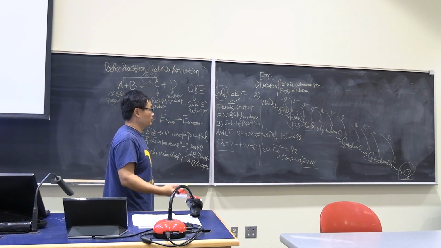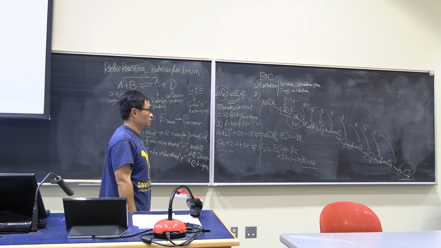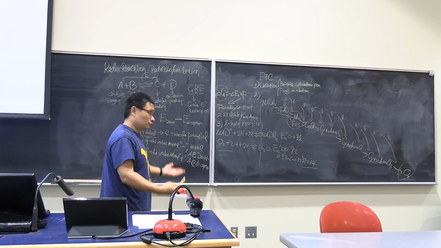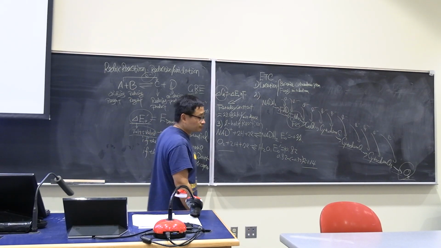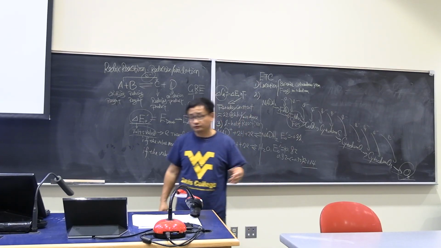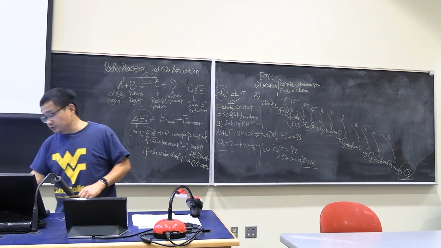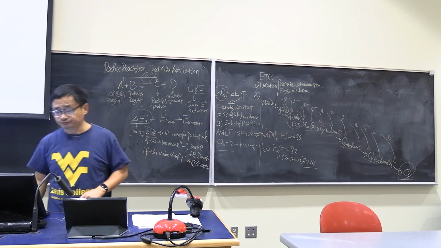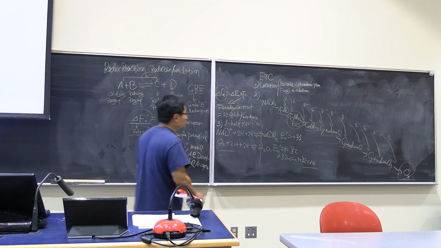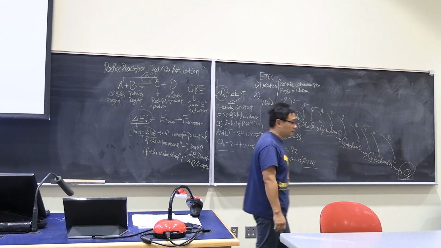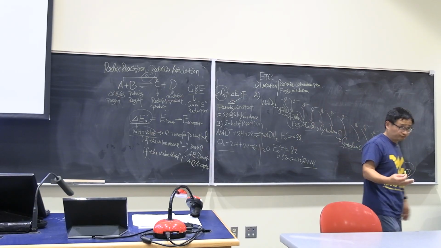Okay, so that is the basic knowledge of what the electron transport chain is. Now, related to the concept of substrate level phosphorylation, what is oxidative phosphorylation? For oxidative phosphorylation, there are at least 3 or 5 theories.